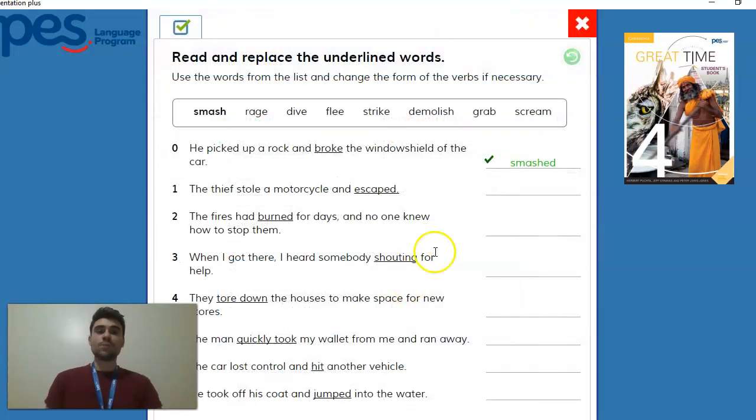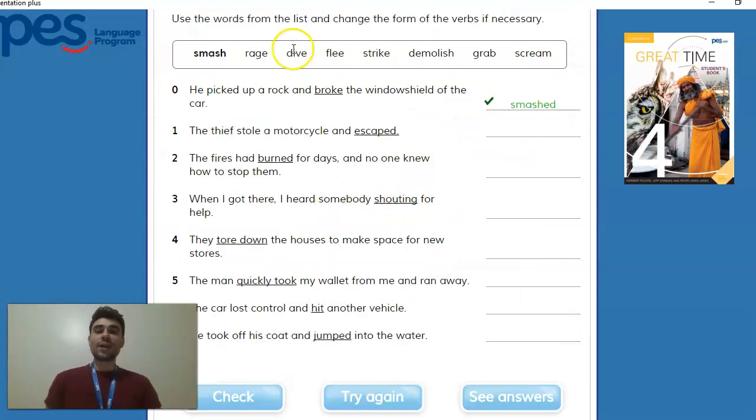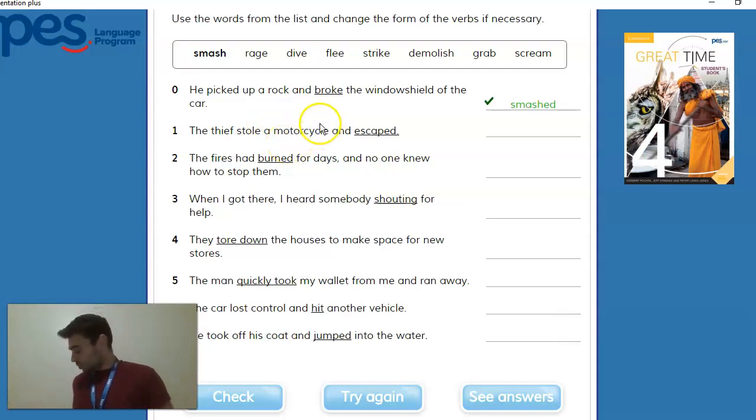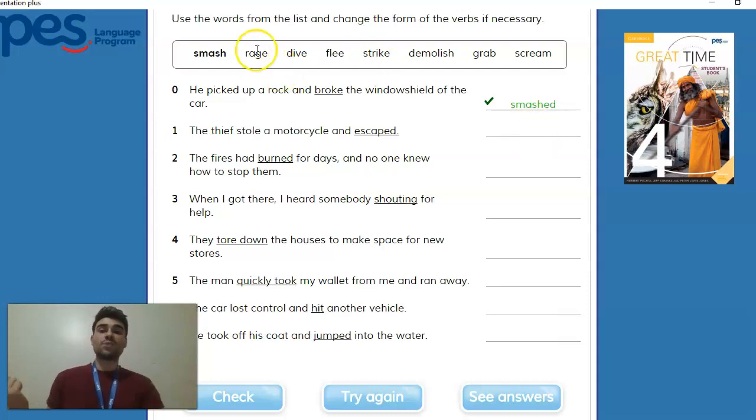Good. So let's check which are the verbs that we can replace in the sentence. So here we have: the thief stole a motorcycle and escaped. So which from these verbs has the idea of escape? Flee, right? But how is flee in its past form?